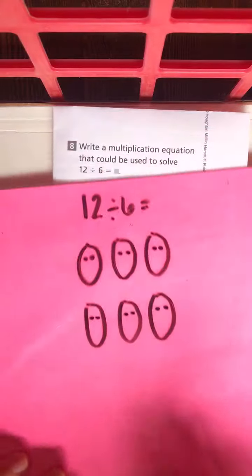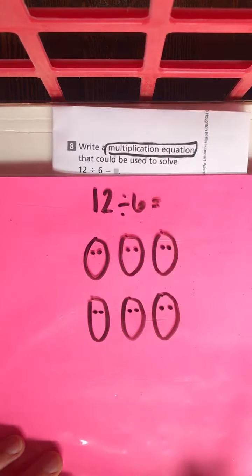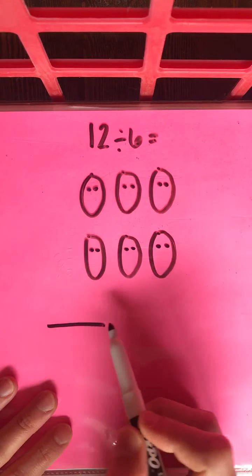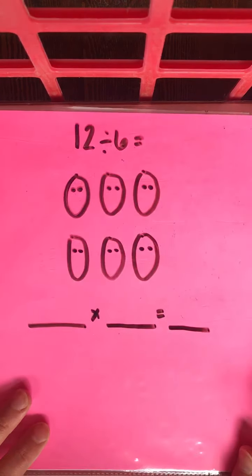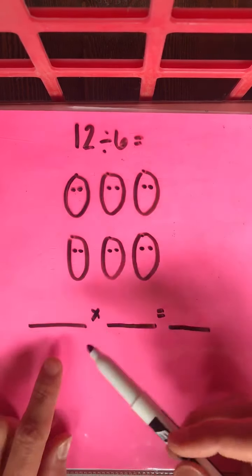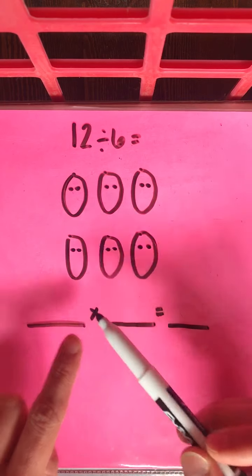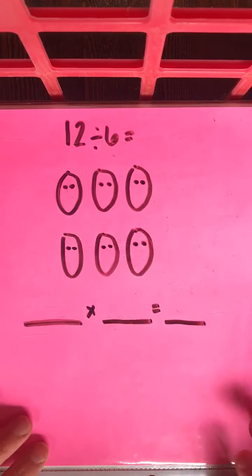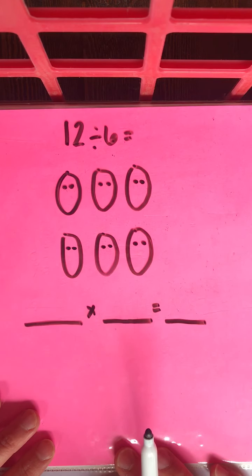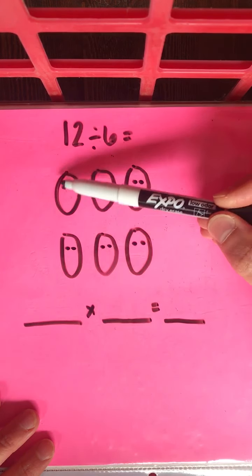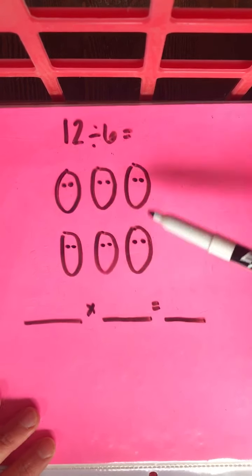Okay, friends, great job. So the question is asking us to write a multiplication equation. So remember, we can use our picture to help us write a multiplication equation. So when we multiply, we're talking about how many groups we have times how many in each group. So how many groups do we have? Let's count them up to check. 1, 2, 3, 4, 5, 6.